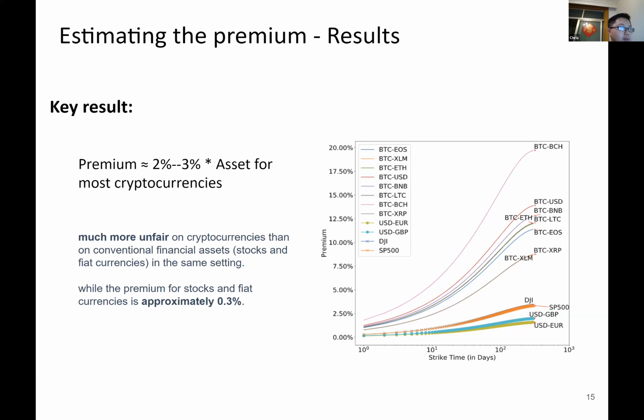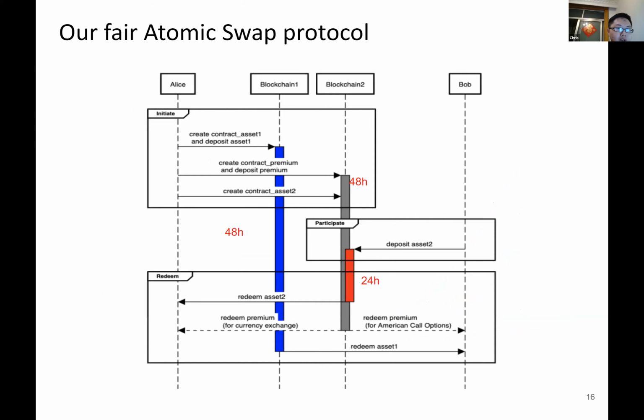Therefore, we propose our version of the atomic swap protocol, which exploits the optionality in atomic swap to implement an American call option to fix this problem. Basically, Alex needs to deposit a premium on the blockchain in addition.